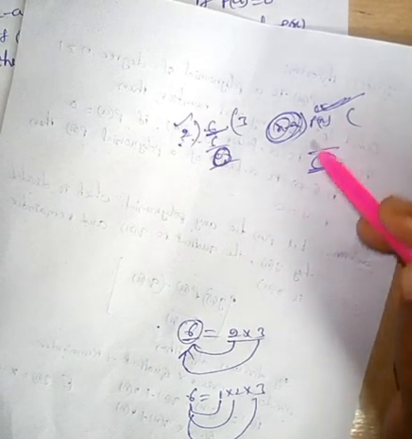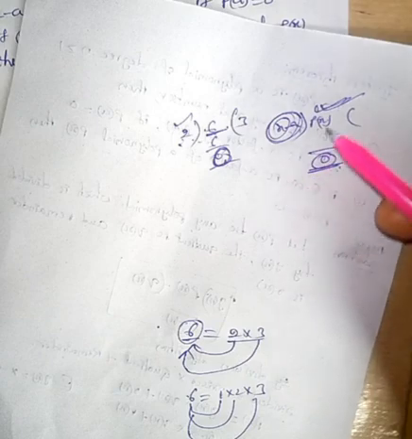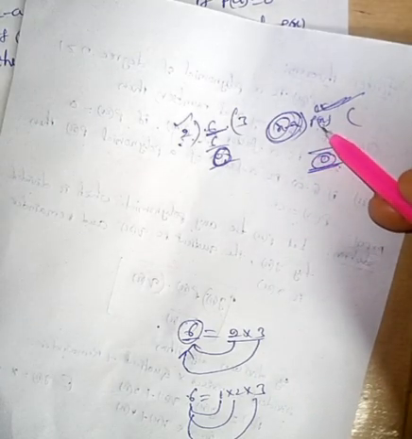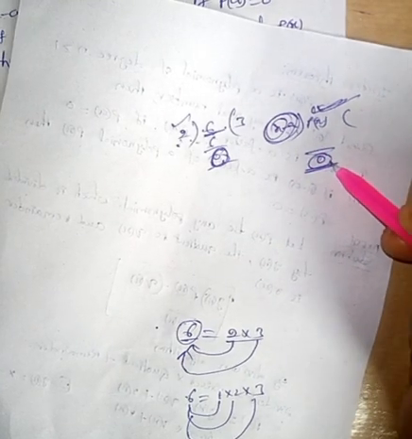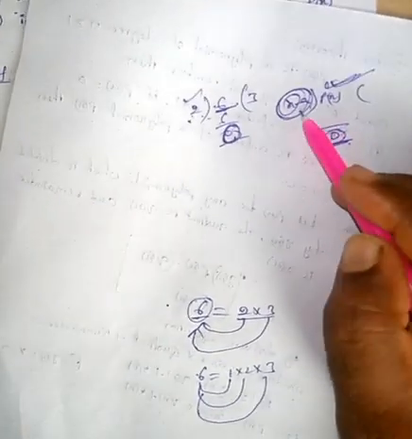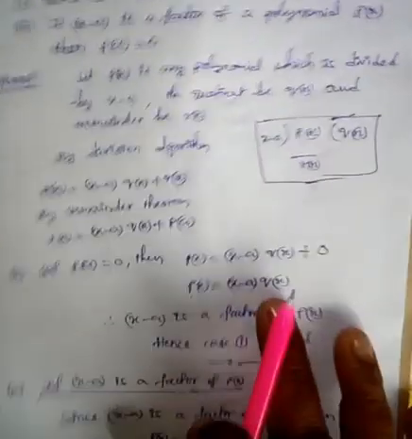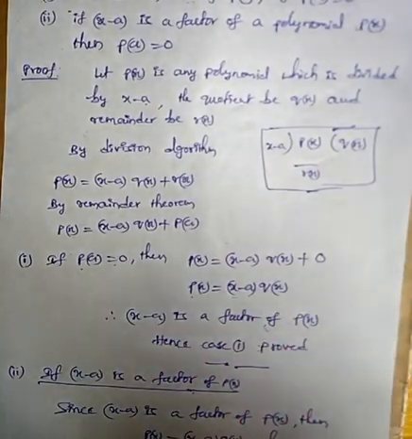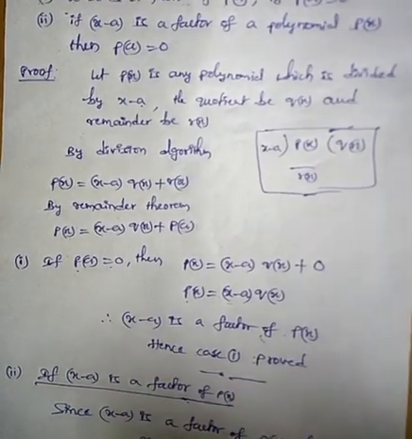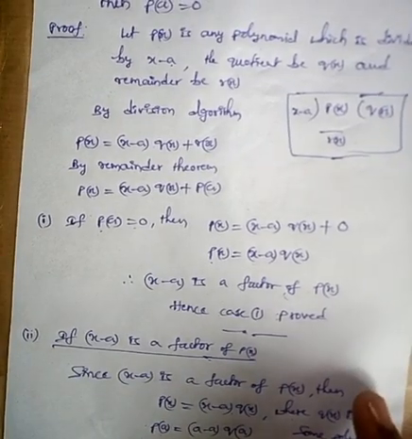So you can notice the converse also, that is, if the remainder is 0, you can say that x minus a is a factor of p(x). Okay, don't get confused, just watch carefully, you will be able to understand this factor theorem.